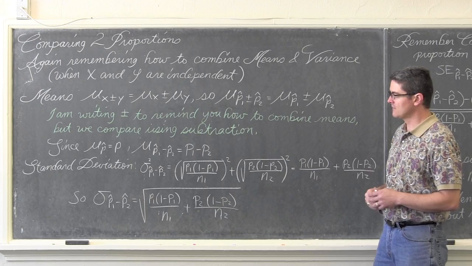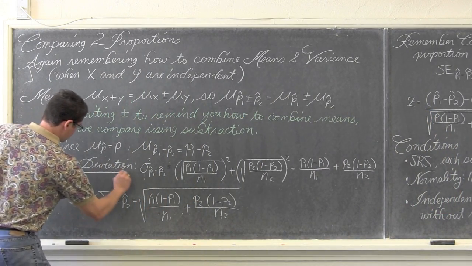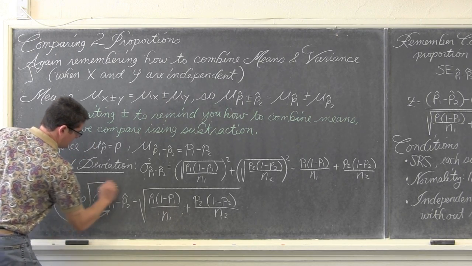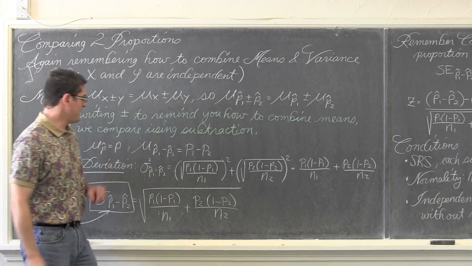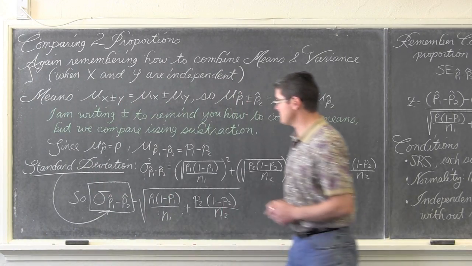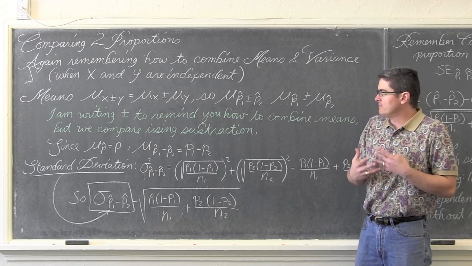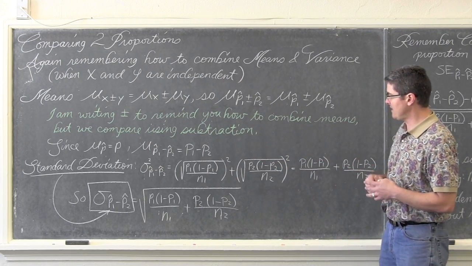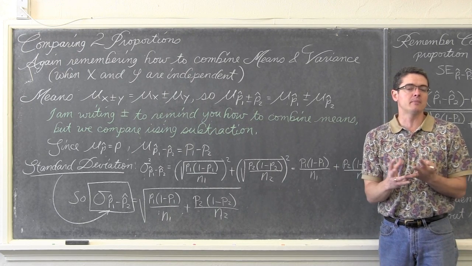Standard deviation. Well, I'm saying standard deviation, but what I'm finalizing down here in my notes says the variance of p hat sub 1 minus p hat sub 2 is equal to, and I'm running through the formula for combining variances, and I should have written that generic formula up here. If you want to add two groups together, you need to combine the variances.